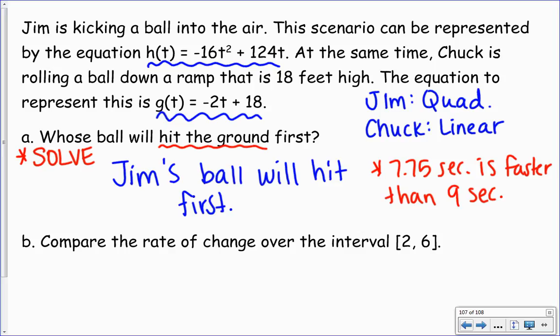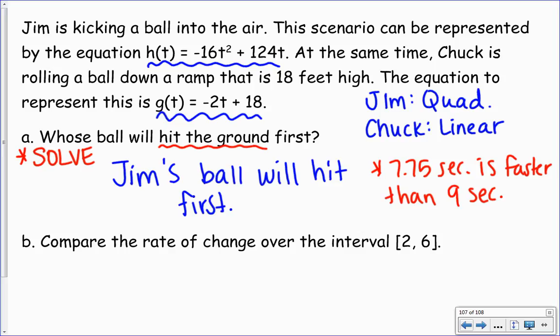Our second comparison says to compare the rate of change over the interval 2, 6. So again, we've got those options. We can take 2, 6, plug each of them in, solve them, get our y value, and do y minus y over x minus x. But remember, because the test is timed, you don't want to waste precious seconds when there's a faster way to do it.